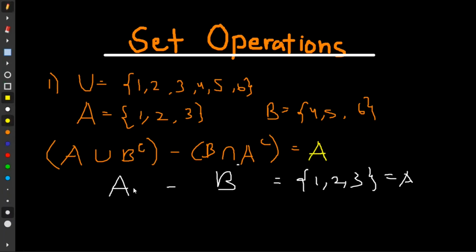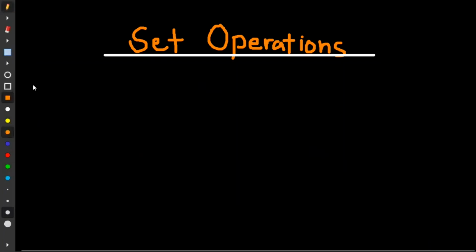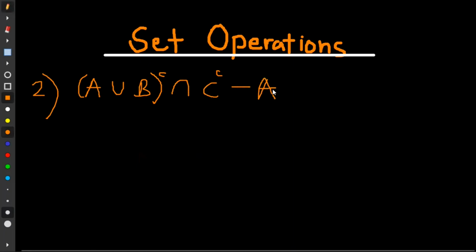So through our lessons and our examples, we found out that given a complex problem, you can simply simplify it to a shorter one, or like this one, just one element, which is A. For our last example, given this one: (A union B) complement intersection C complement minus (A complement intersection (B union C) complement).